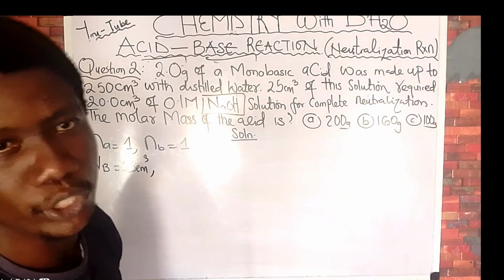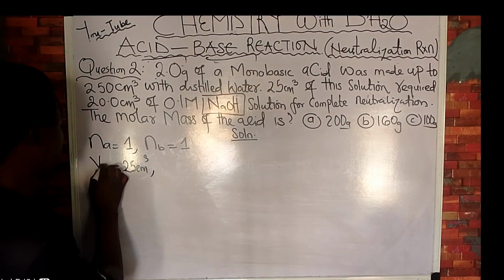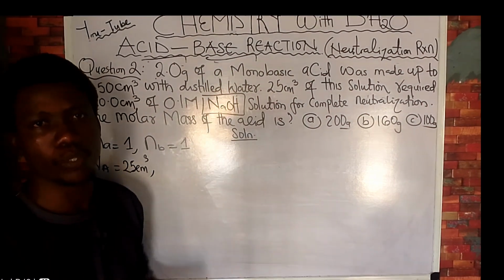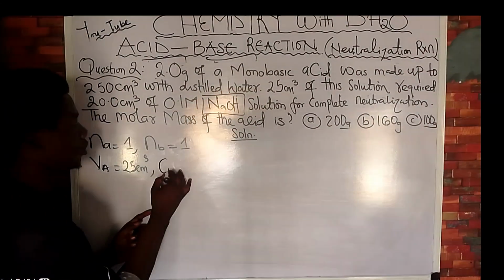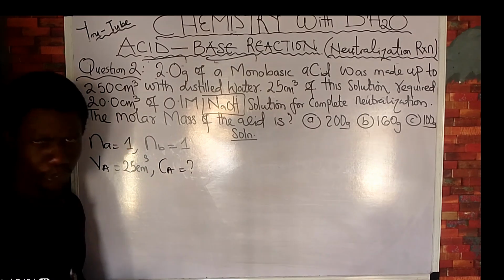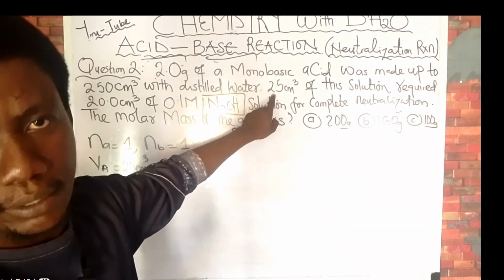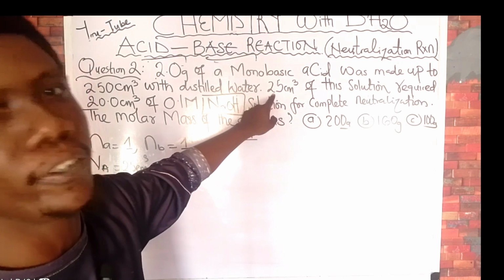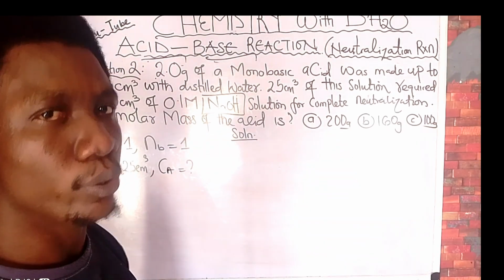Please let me ask a simple question. Was the concentration of the acid given to us? They took 25 cm³ volume of the acid. No. So we write concentration of the acid is unknown. Do you understand? Yes, it is a monobasic acid. They gave us the volume that went for the reaction, but they don't give us the concentration of the acid, and that is where we need to tackle it from.